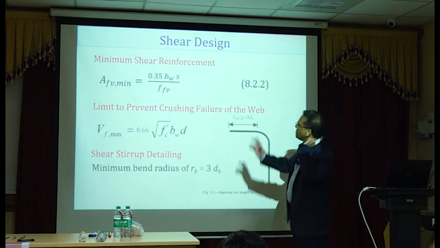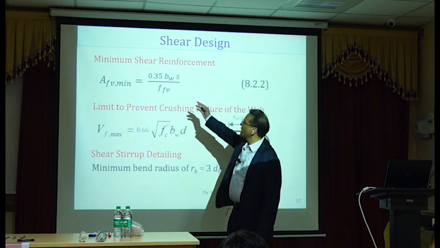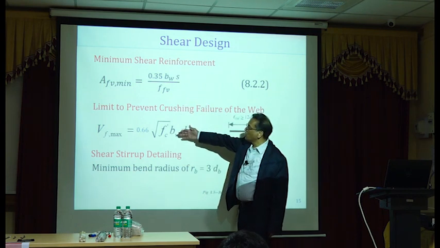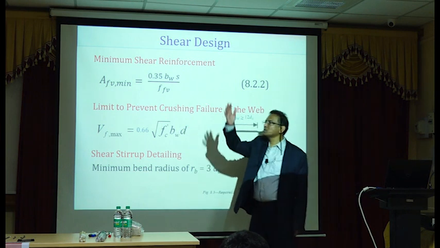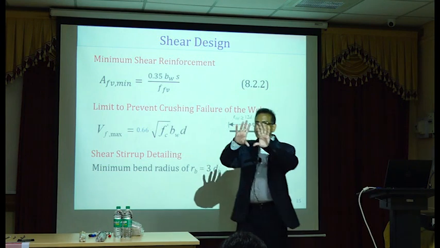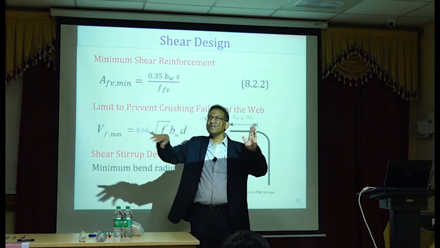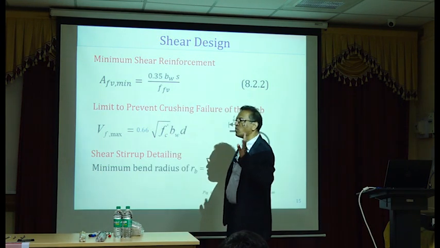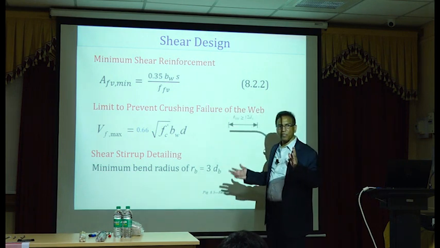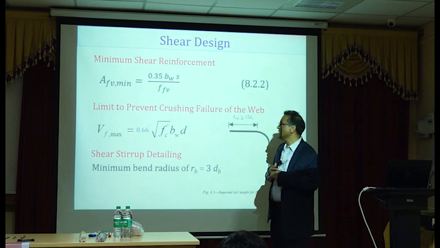Then you also have minimum shear reinforcement requirement and VF max. So once again, we have those 5 columns. All that you need is the table with 5 columns and with all the equations listed in one location, and then you can design your beam for shear. Okay.